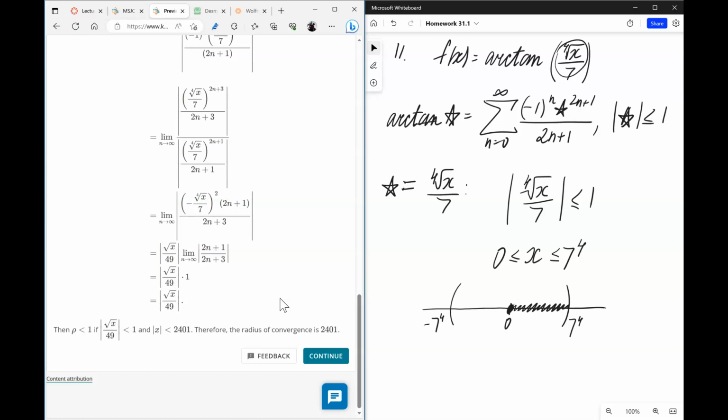It's technically correct, but x cannot be negative. So let's just move on.